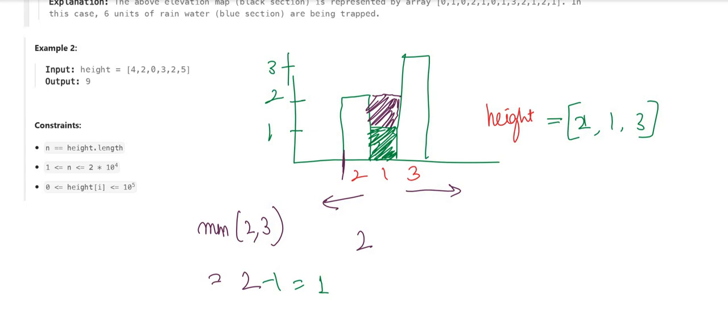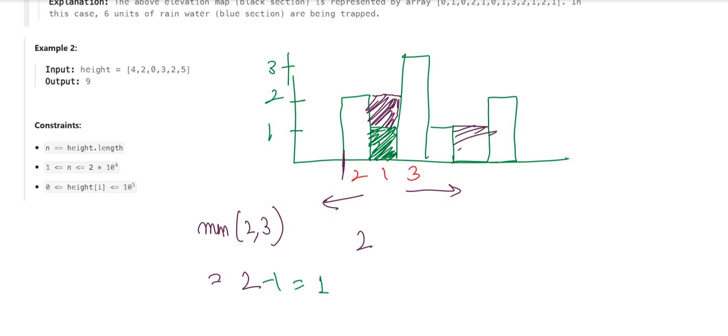Similarly, if I take some more blocks, let's say 1, then 0, then 2. We cannot fill water according to the maximum height, but we can fill water according to the minimum height that we have on the right.